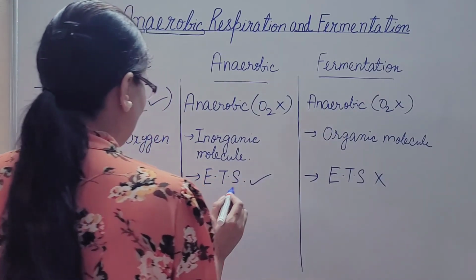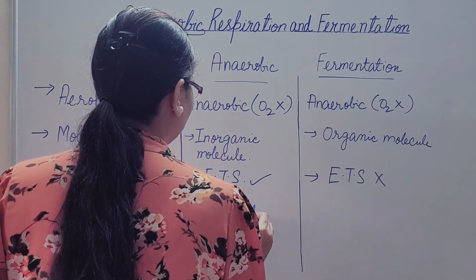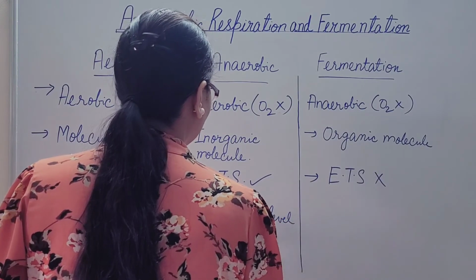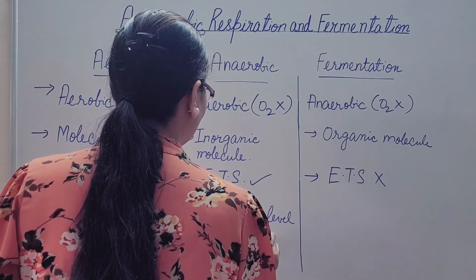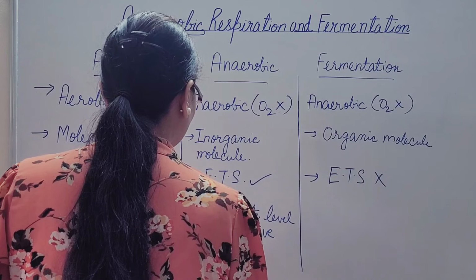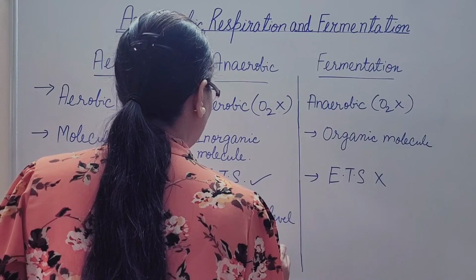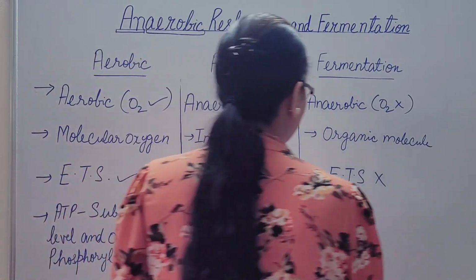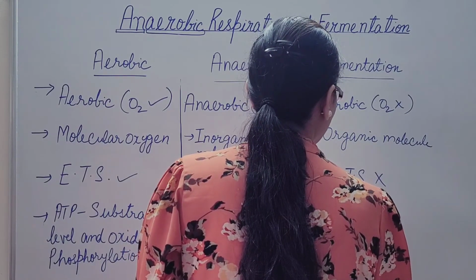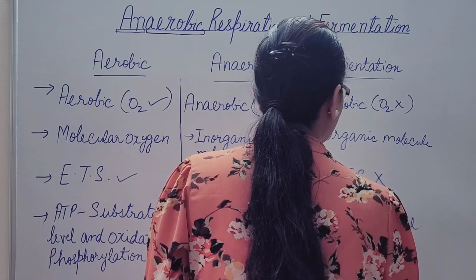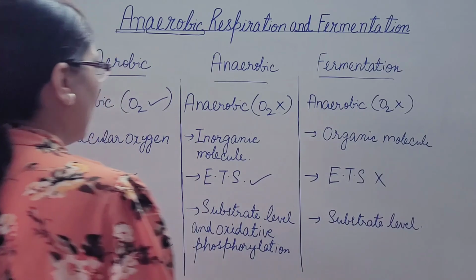In anaerobic respiration also, ATP is generated by substrate level and oxidative phosphorylation. But in fermentation, only substrate level phosphorylation takes place, because here the electron transport system is not involved, so oxidative phosphorylation does not take place.